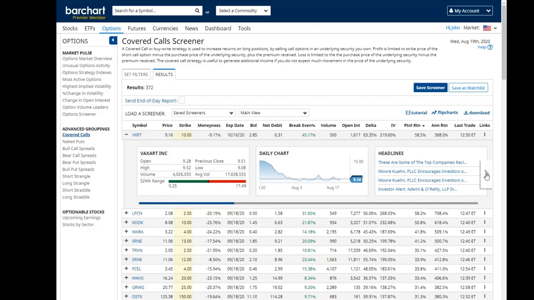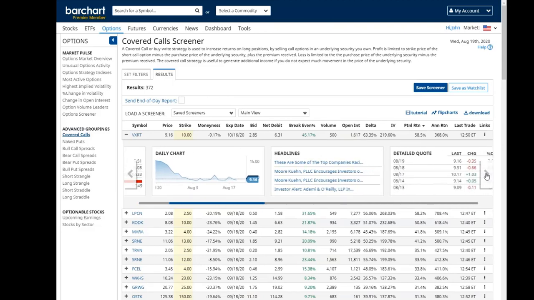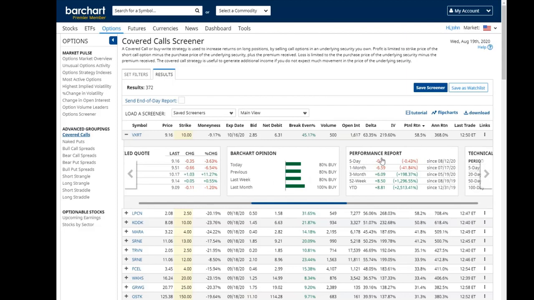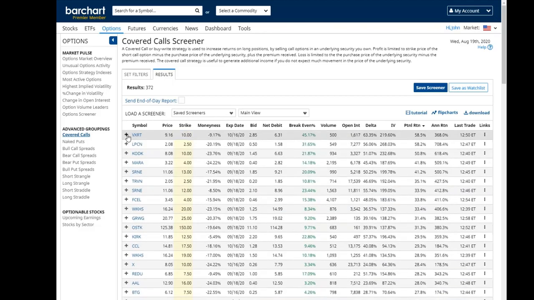What's important about this, as we go a little deeper, is that one of the things we're going to look at is something called the performance report as we decide what is the right strike price for us. So that's a way we can find that, all right? Our symbol, our price, that's the last price that the underlying stock traded, right?